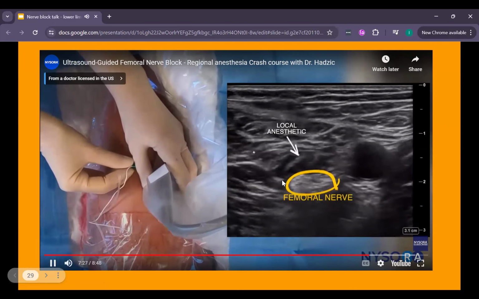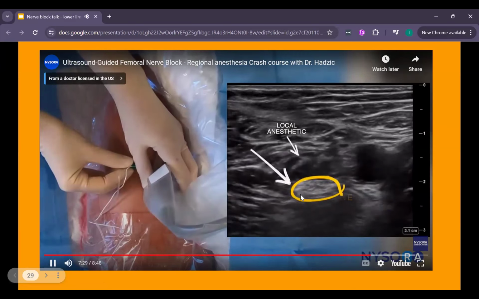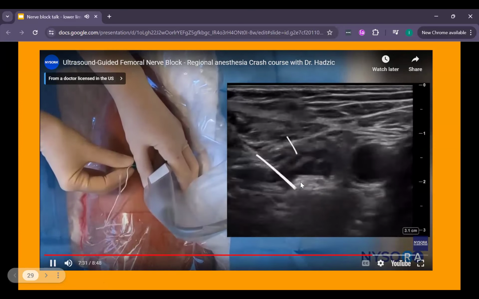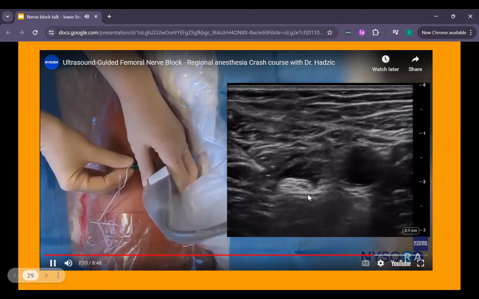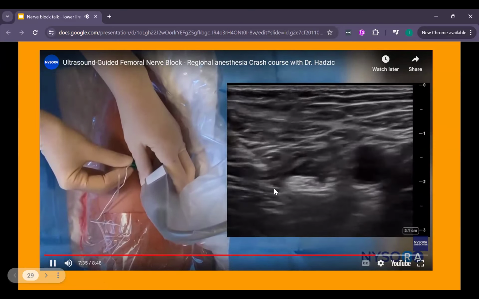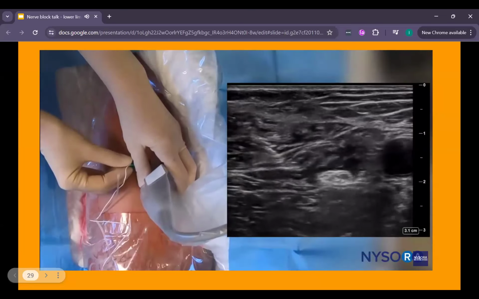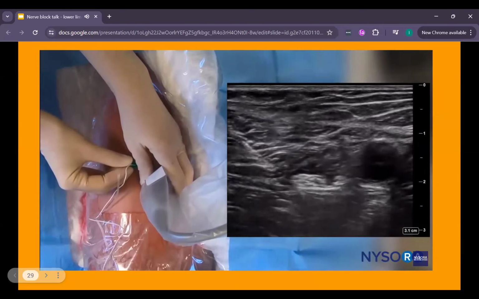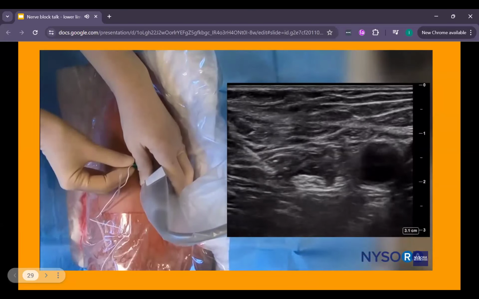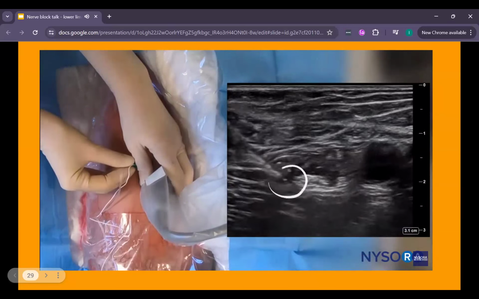You can see the tip of our needle just next to the femoral nerve. And as we inject, we're seeing that femoral nerve being pushed away, which is a really nice endpoint. And again, as you start to inject the local anesthetic, you should start to appreciate the nerve structures a lot better with that nerve fluid interface.